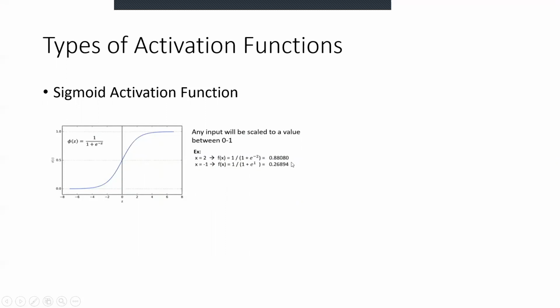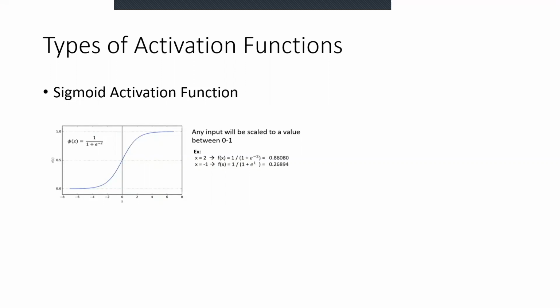This can also be treated in an advanced neural network. When we study RNN and LSTM in further slides, you will see that we are using the sigmoidal function as gates, right? When you want to find out whether a particular value is relevant or not, you pass that value to the sigmoidal function.